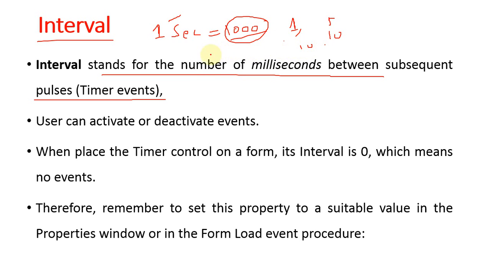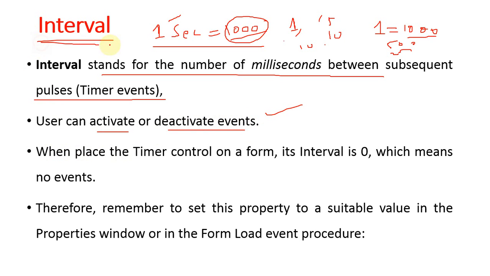Whatever interval the user wants can be given. Generally we say 1 second is equal to 1000 milliseconds. Out of that 1000 milliseconds you can take 50, or 500, which means half a second, or 250, which means a quarter second, like that. The user can activate or deactivate the events.